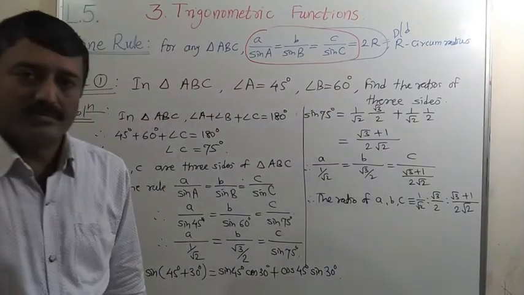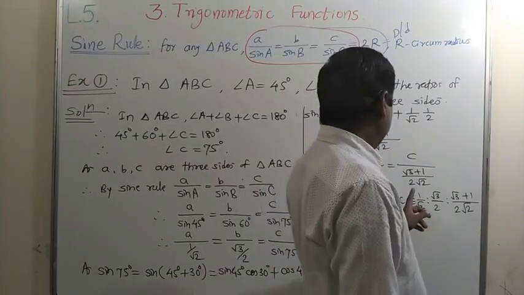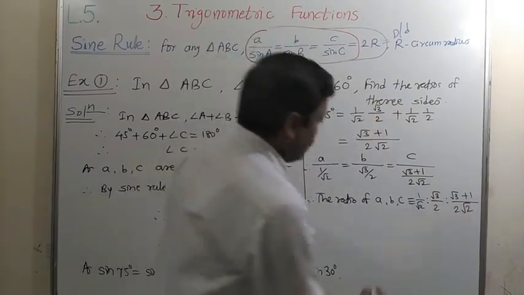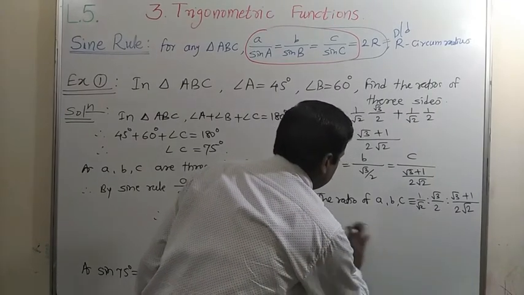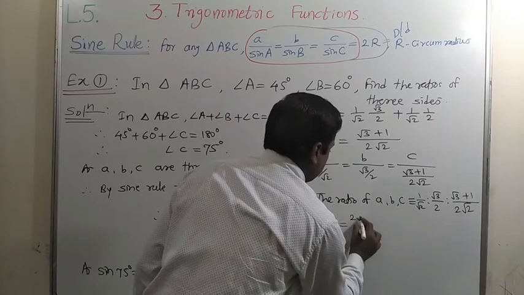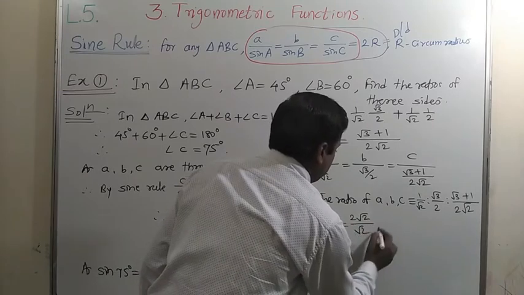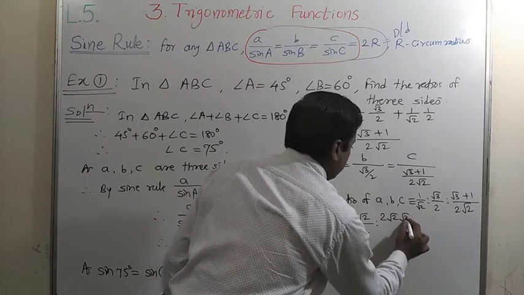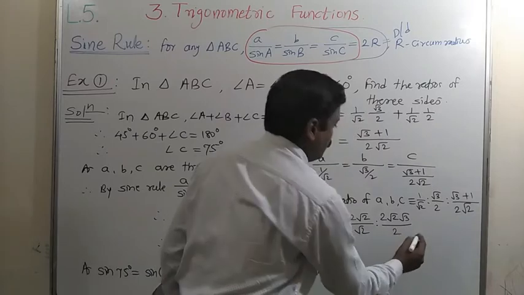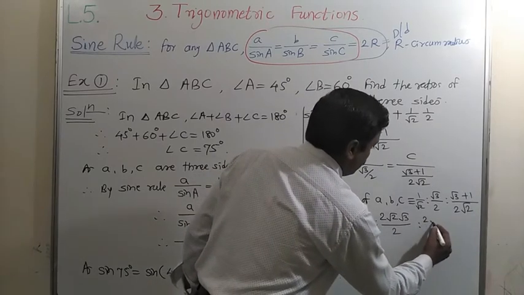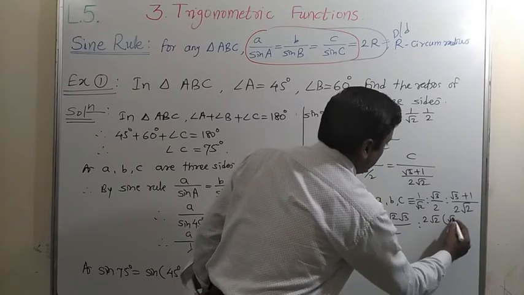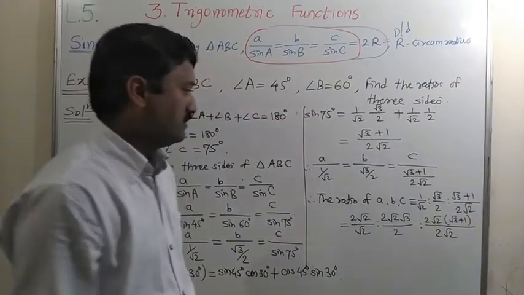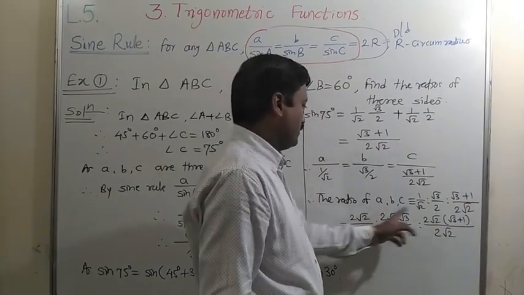If you observe the denominator of each term, then we multiply each by 2 root 2. So we get 2 root 2 upon root 2 is to 2 root 2 into root 3 upon 2 is to 2 root 2 into root 3 plus 1 upon 2 root 2.